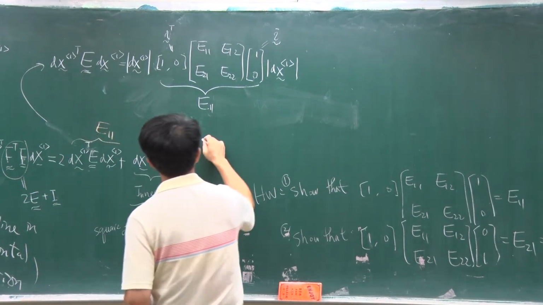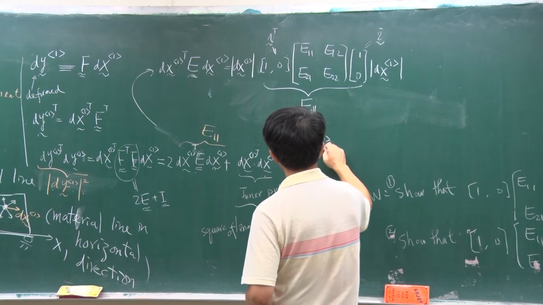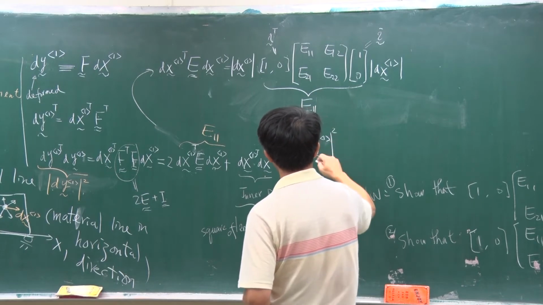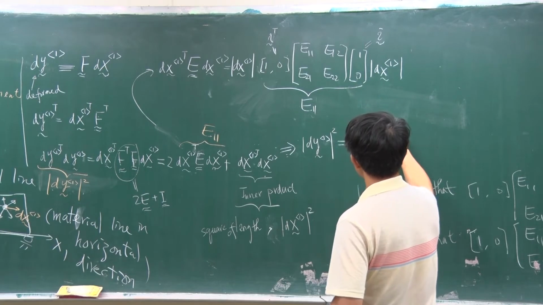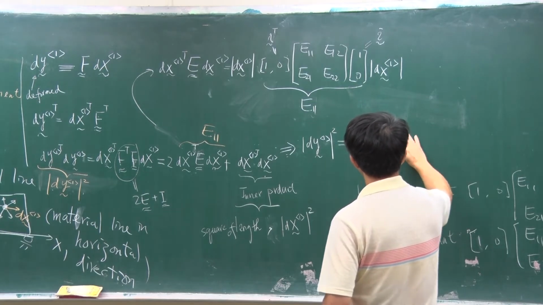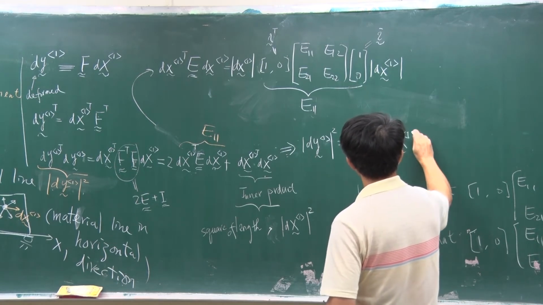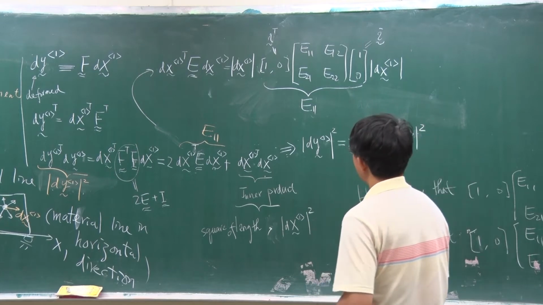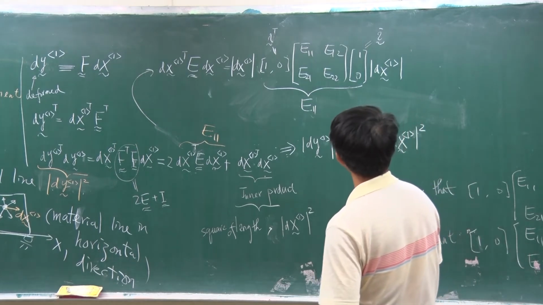The square of the length of the deformed material line equals 2E11 plus 1, times the square of the length of the original material line.